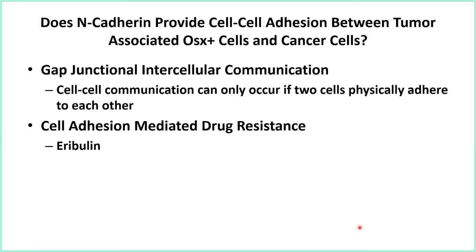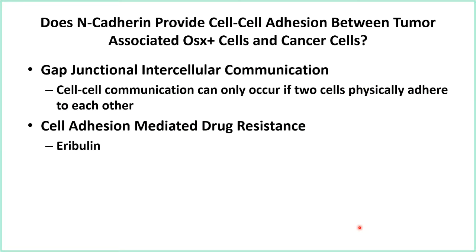So the question is, how does N-cadherin work in these cells to affect tumor growth? Is it because of the adhesion between cancer cells and tumor microenvironment cells, or is it something else?